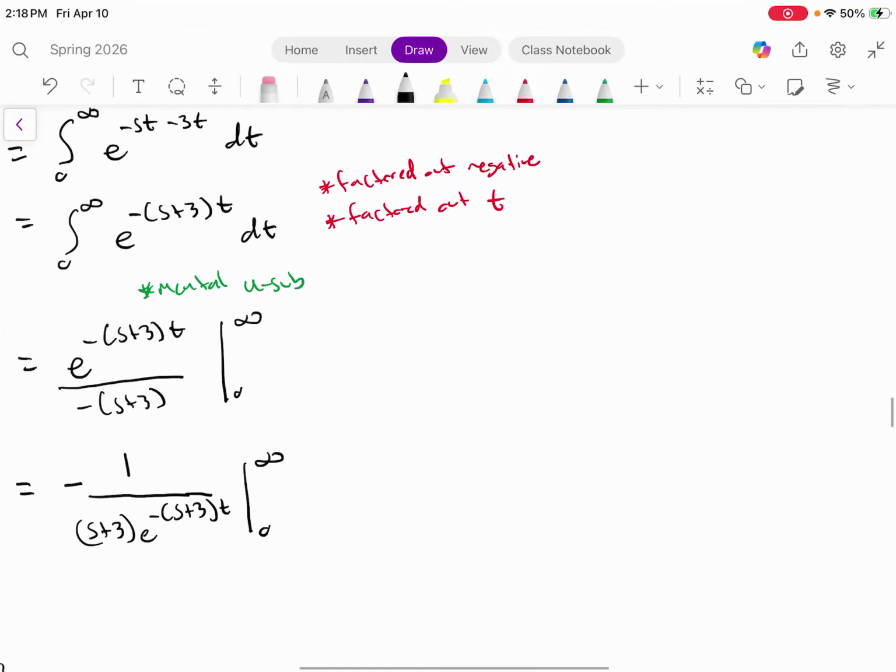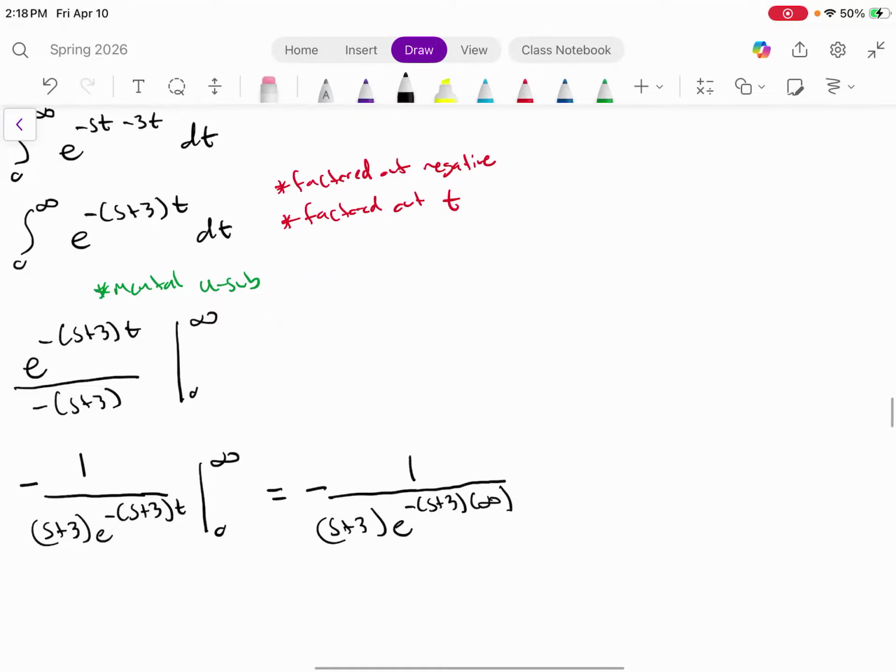And so when I plug in these bounds, what we get is negative 1 over s plus 3 times e to the negative s plus 3 times infinity, a very long denominator. Let me move this 1 over to make it more appealing, minus negative 1 over s plus 3 times e to the negative s plus 3 times 0.